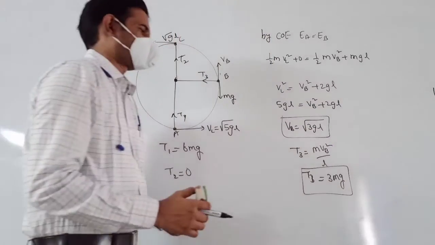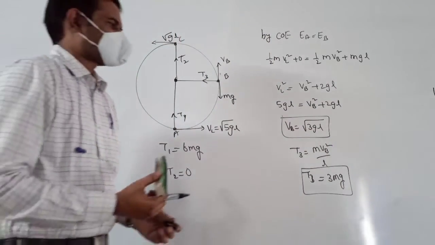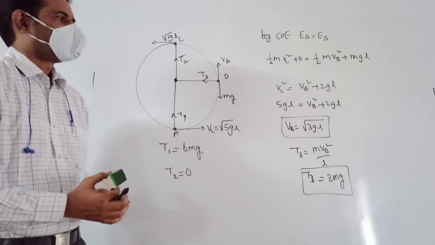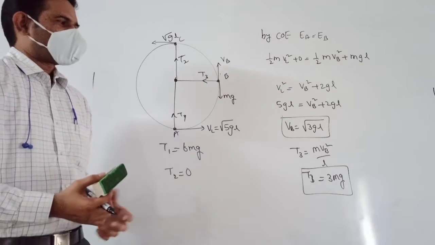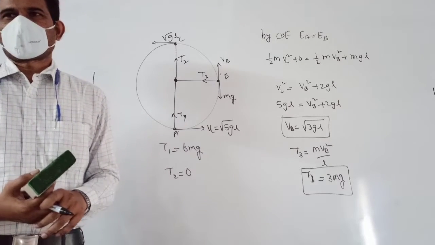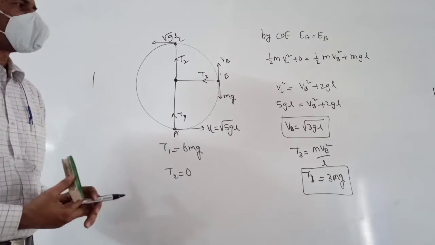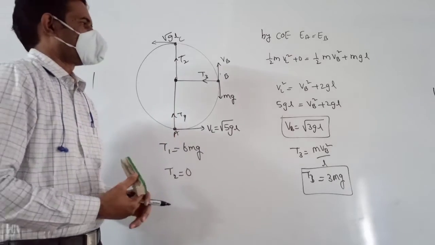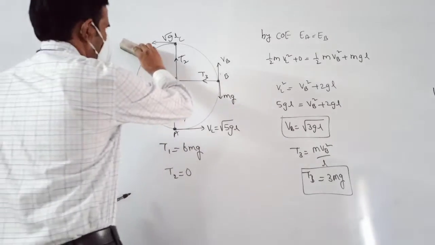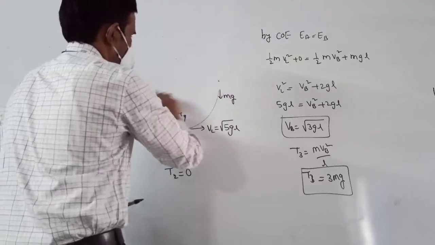Now in a similar way you can take a general point and write the expressions for these velocities and tension at a general point when the body is in vertical circular motion. So general point means now I can write like this is the circle if I consider here.